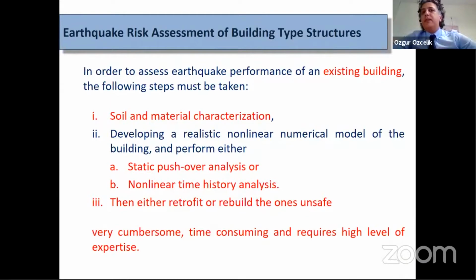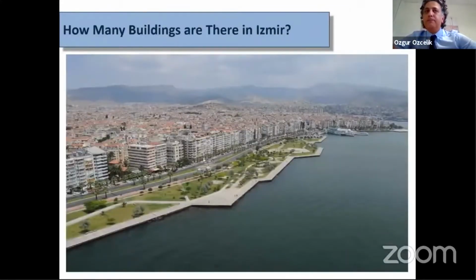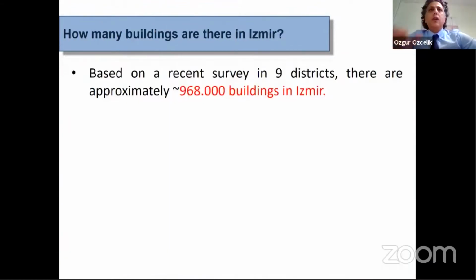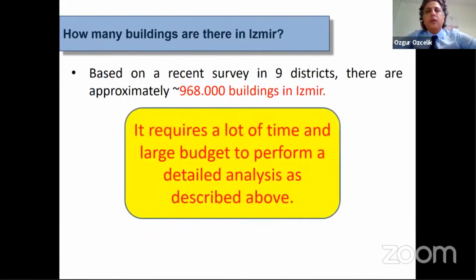This roadmap is very cumbersome, time-consuming, and requires a high level of expertise. So if you were to do such a thing for all the buildings in Izmir, the question arises, how many buildings are there in Izmir? Based on a recent survey in 9 districts, there are approximately 1 million buildings in Izmir.